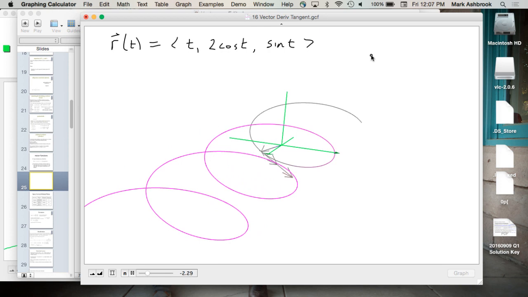And then I'm showing some vectors. I'm showing a blue vector and a black and a red vector.